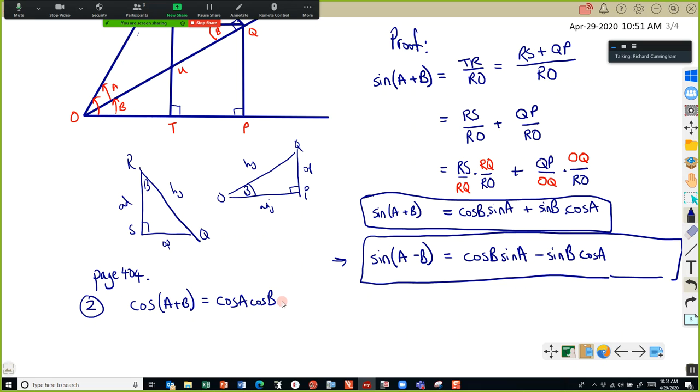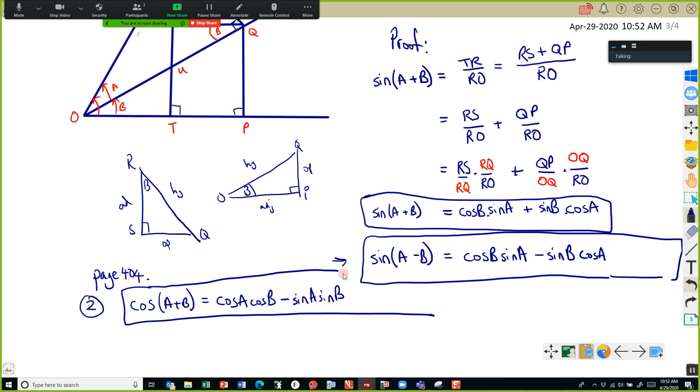Cos A, cos B, and it's minus sine A, sine B. Okay, so question 2 is proving this one. And you do it using the same triangle. And this is intentional. This is plus here, and this is minus, okay?